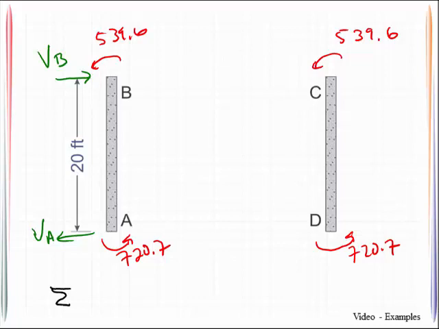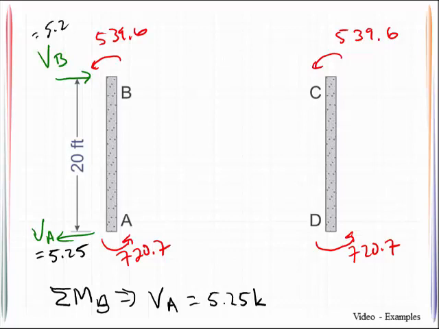I will then sum moments about point B, and that will tell me what the shear at A is, and that actually computes out to be 5.25 kips. So I'll write that in. 5.25 kips. Sum of forces in the x direction tells me that V of B is 5.25 kips, and in a like fashion, 5.25 kips, 5.25 kips.